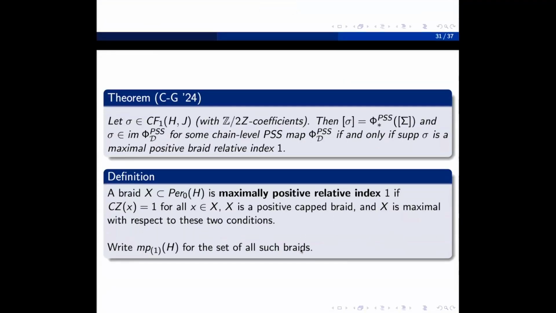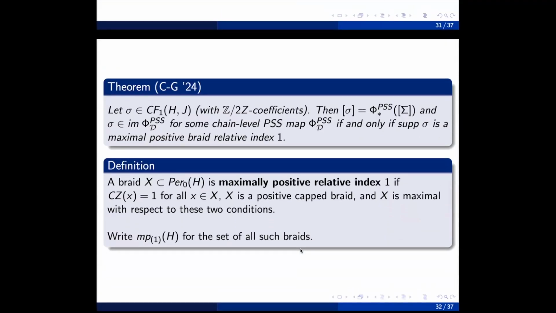Once I have this notion of a positive braid, a positive capped braid perhaps, I can give you a characterization of which Floer chains represent the fundamental class and are hit by some chain level PSS. The characterization is the following. If I have a braid, I'm going to say it's maximally positive relative index 1 if every orbit in the braid has index 1, it's a positive braid, and it's maximal subject to these two conditions.